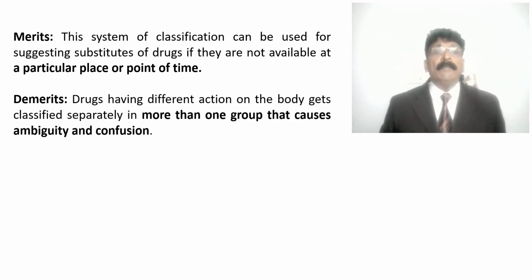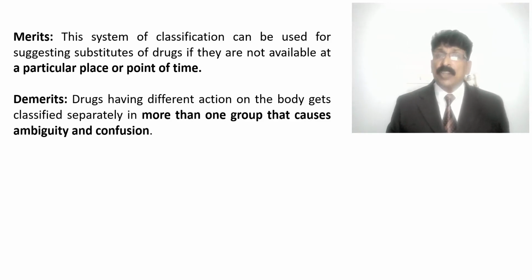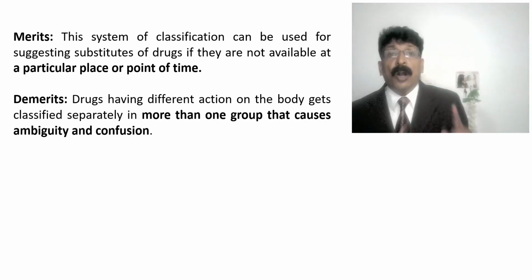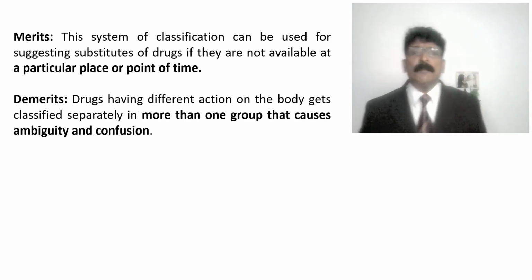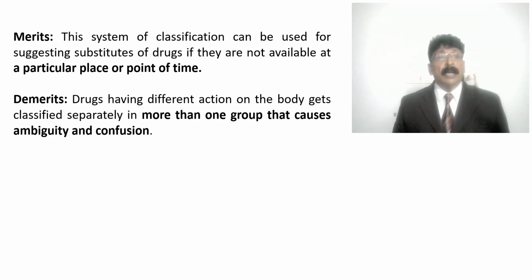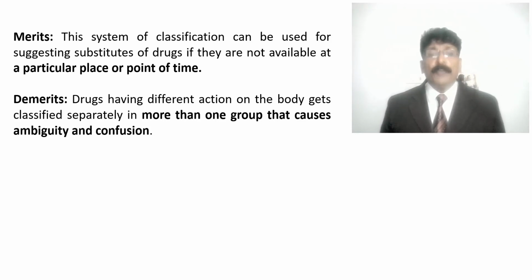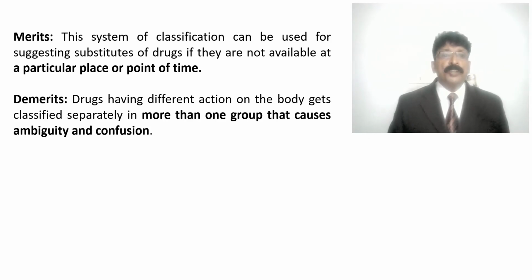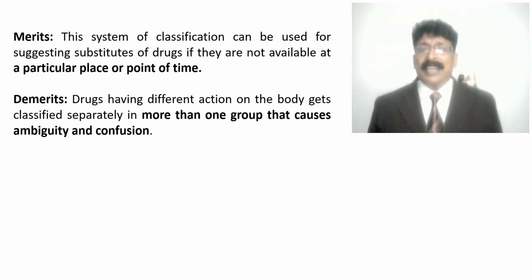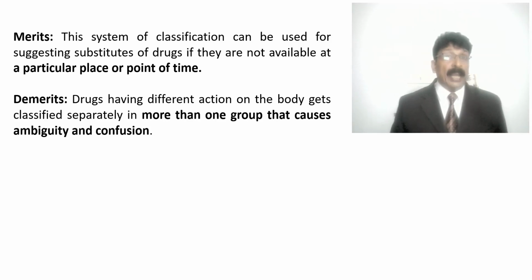And the disadvantages or demerits: drugs having different actions on the body get classified separately in more than one group, which causes ambiguity and confusion. For example, cinchona has two actions. Quinine is anti-malarial.